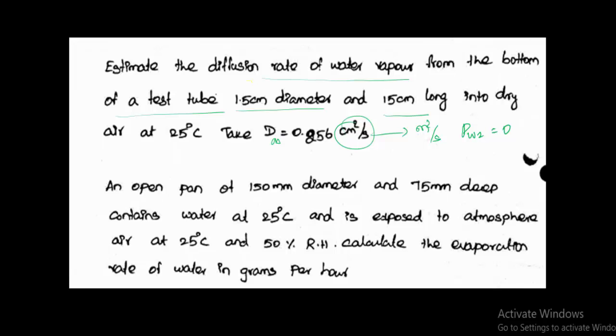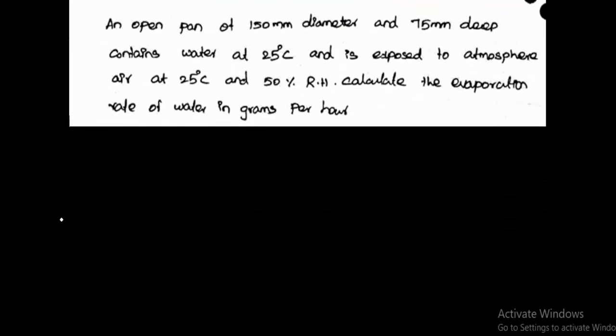And the next interesting problem is an open pan of 150 mm diameter and 75 mm deep contains water at 25 degrees Celsius, right? So these things are all known from the last two problems, right? And it is exposed to atmospheric air at 25 degrees Celsius and 50 percent RH, right? So relative humidity value is given in this problem.